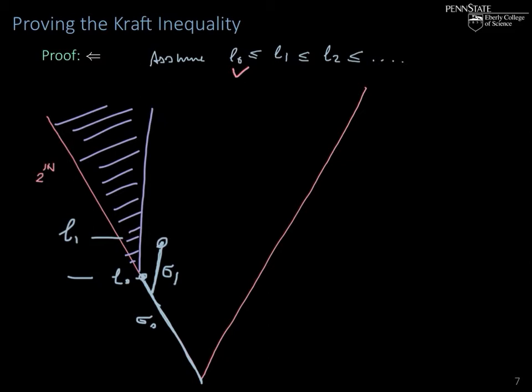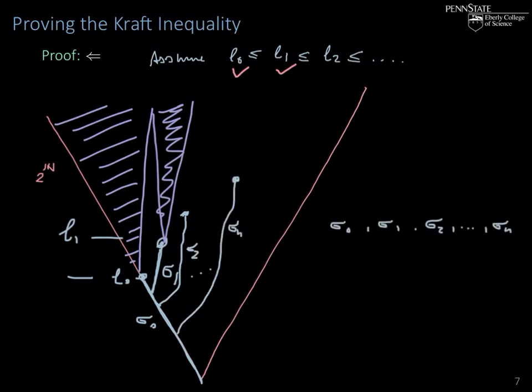Then in the further course of the construction, this cylinder here would be forbidden. We cannot choose any extension in there. So in the next step, we find the leftmost string that is still possible of length L2, and that will be our string sigma 2.